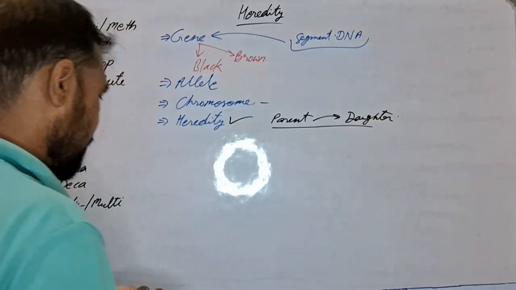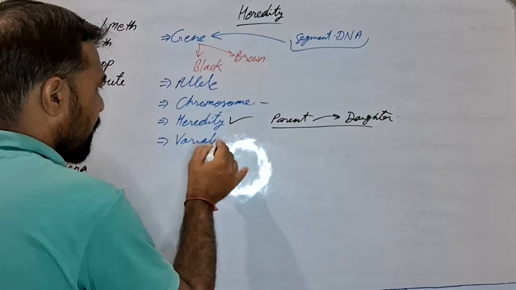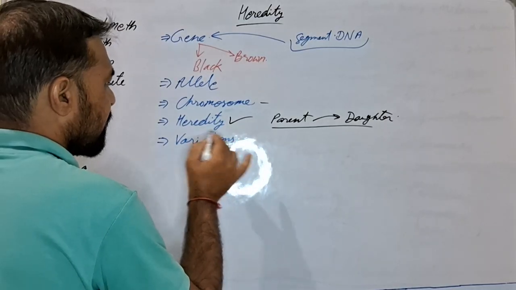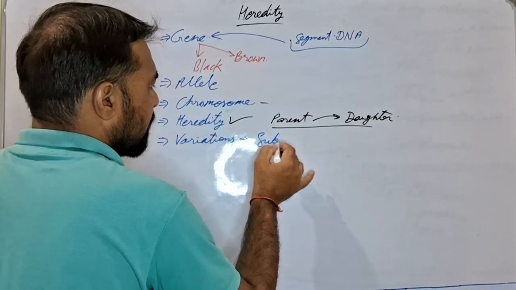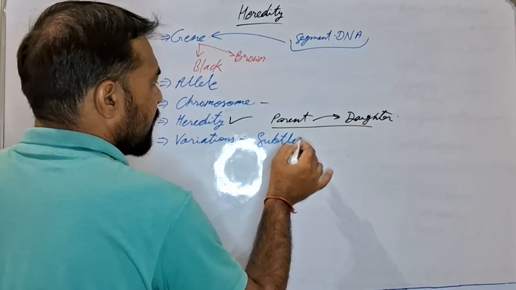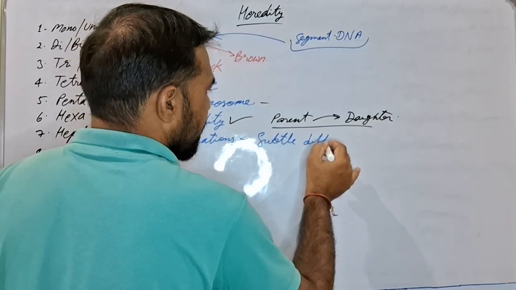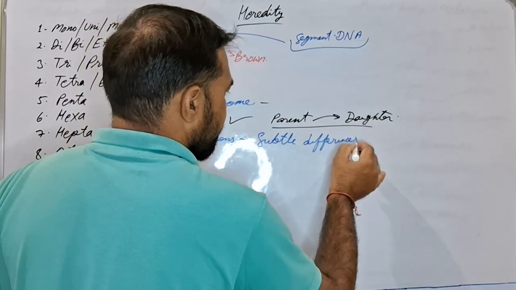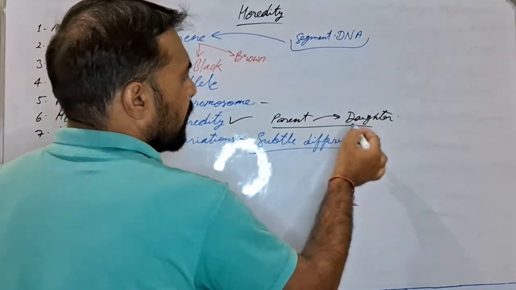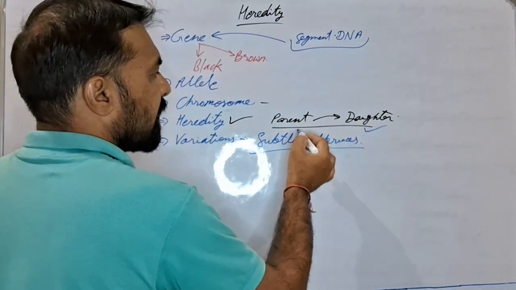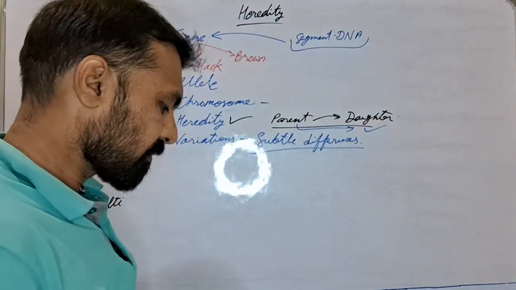Next is variations. Variations are basically very subtle changes or subtle differences which occur when the new or daughter progeny gets produced by the parent progeny.